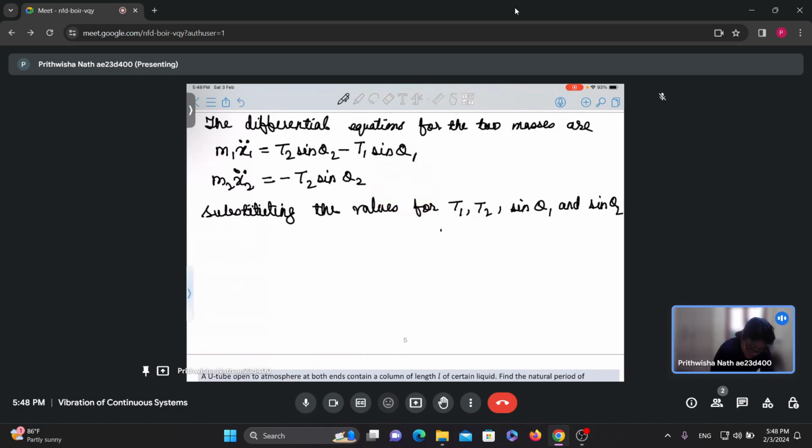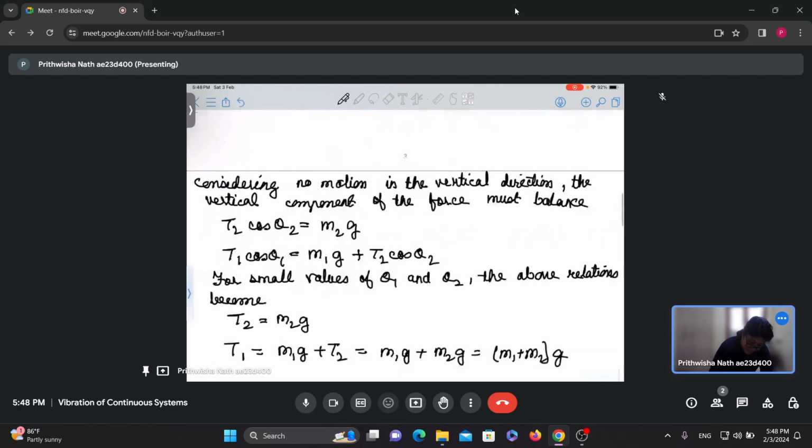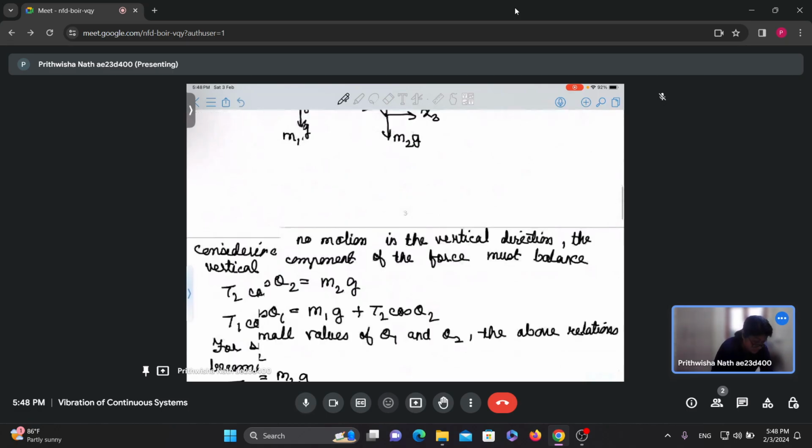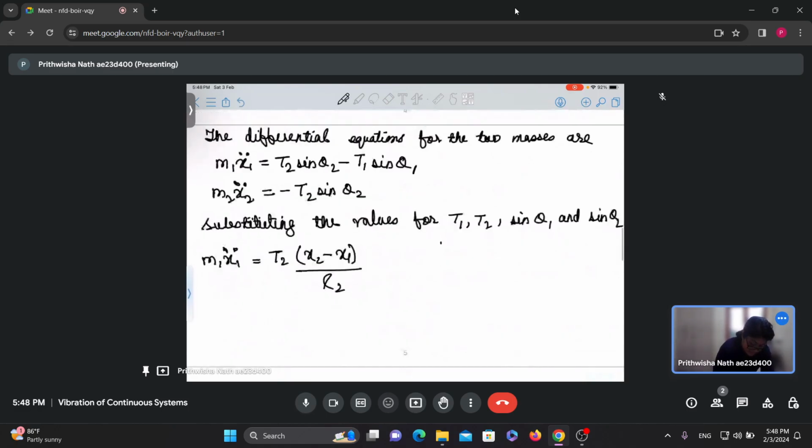So M1 x1 double dot becomes T2 times x2 minus x1 by L2, from the expression of sin theta 2, minus T1 x1 by L1.